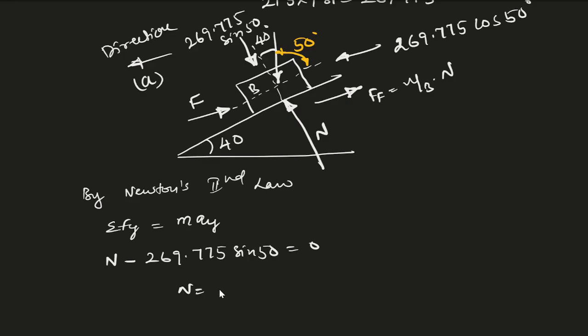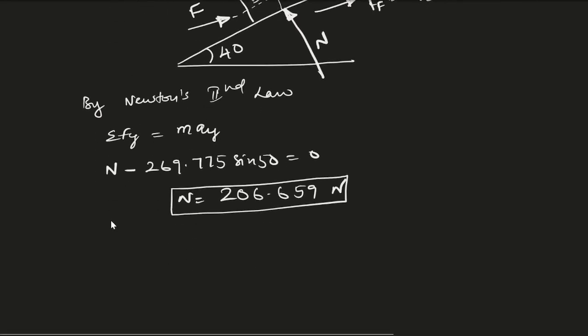So N will be equal to 269.775 into sin 50, which gives me 206.659 Newton. For block B, the normal reaction is 206.659, and f of x will be equal to m into ax.